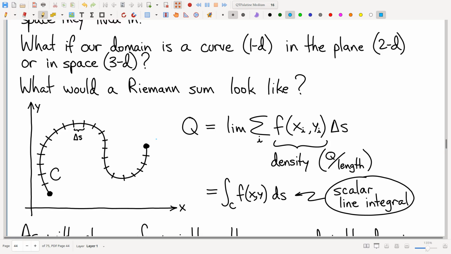Now, technically, I suppose you could argue that the cable does have some actual thickness to it, and I could view that this isn't actually a one-dimensional curve domain. I could view it as being a three-dimensional solid and do a triple integral over a three-dimensional solid that's super-duper thin but long. What a weird domain that would be, right? That'd be a very unnatural way to think about it if you come down to it.